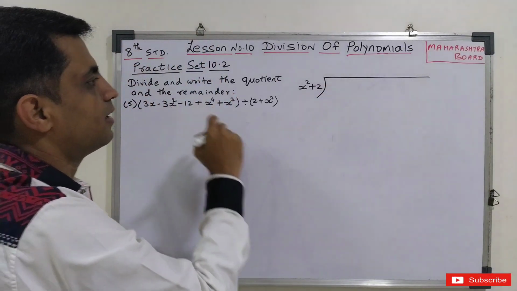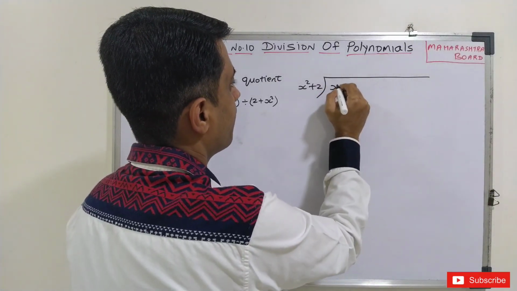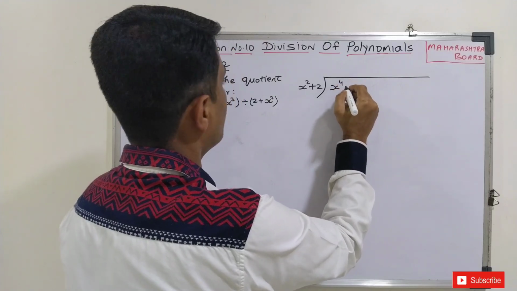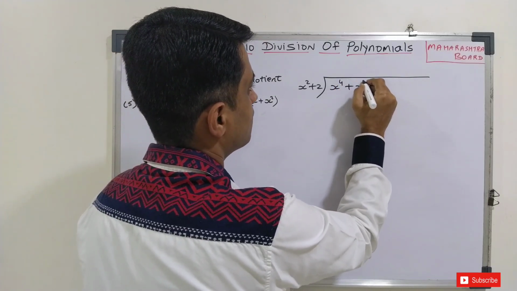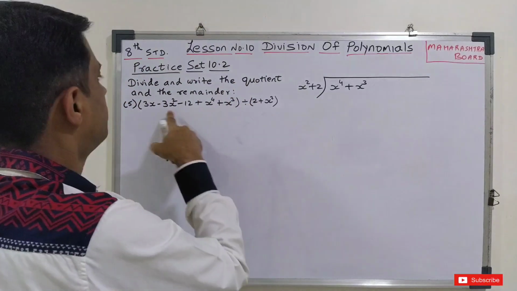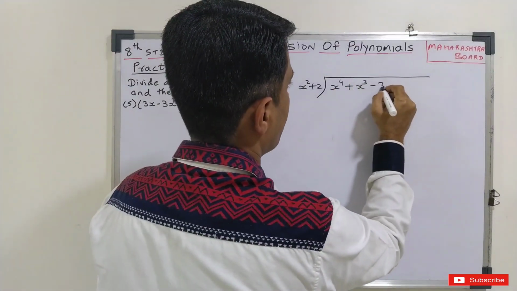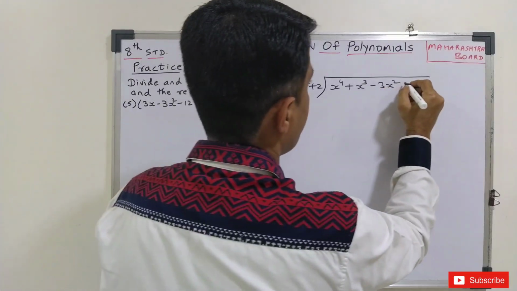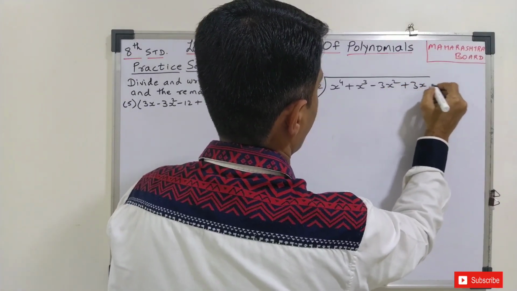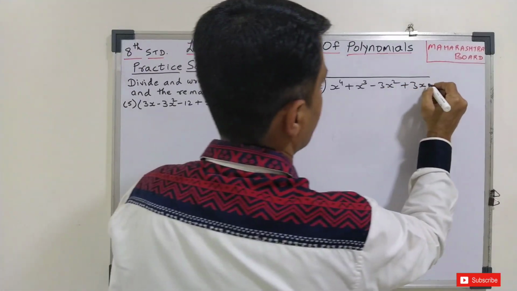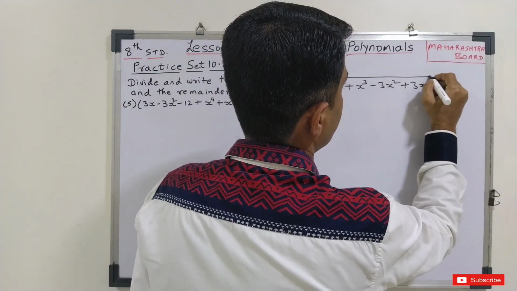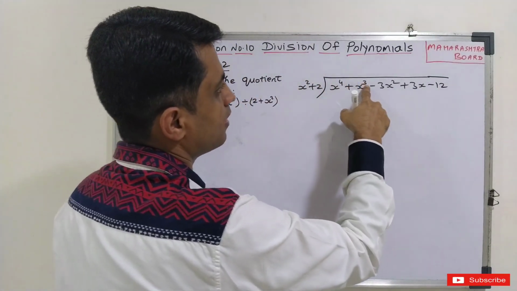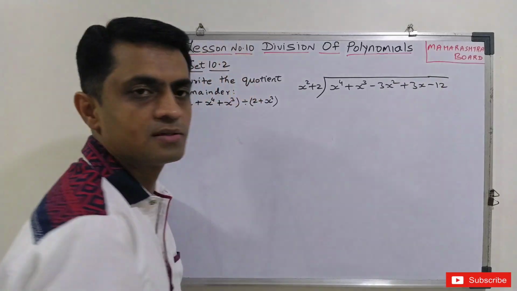Then this we will write in the descending order: x raised to 4 plus x cube minus 3x square plus 3x minus 12. So this is the required form: 4, 3, 2, 1 and constant.